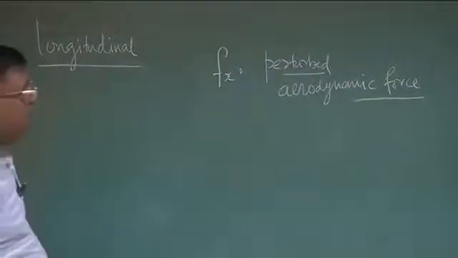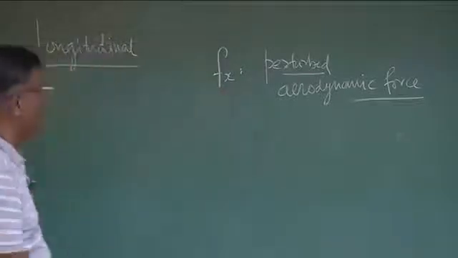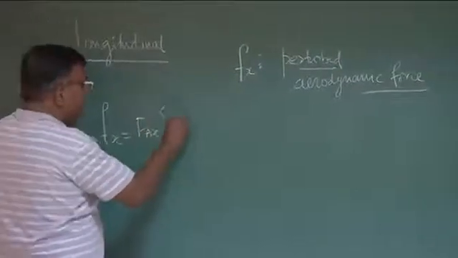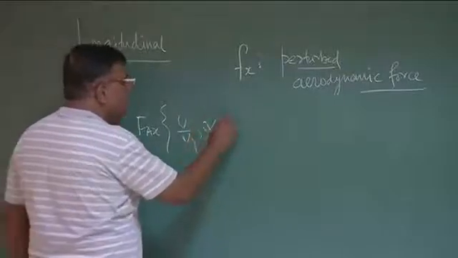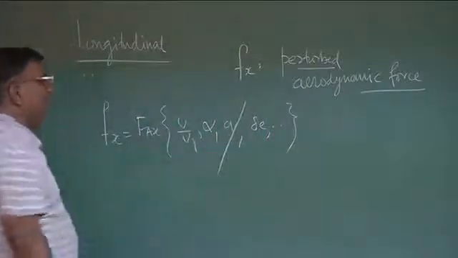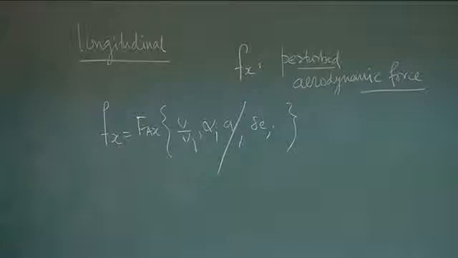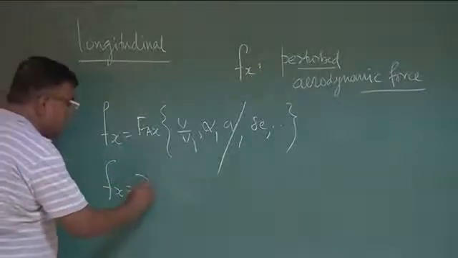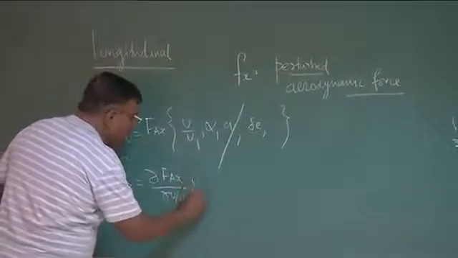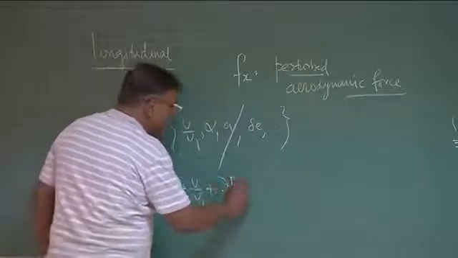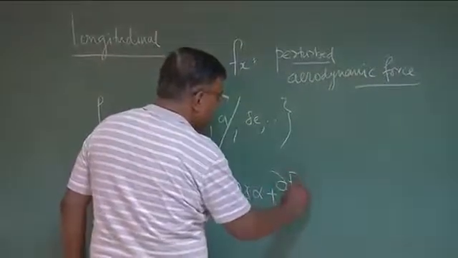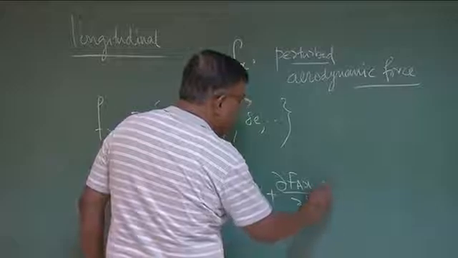And when you say perturbed aerodynamic force, we need to estimate this perturbed aerodynamic force, and we wrote Fx equal to Fax, the function of u by u1, alpha, q, delta E, etc. For Fx, we said q effect is negligible, and we wrote this Fx as dFax by du by u1 into u by u1 plus dFax by d alpha into alpha plus dFax by d delta E into delta E, like this.